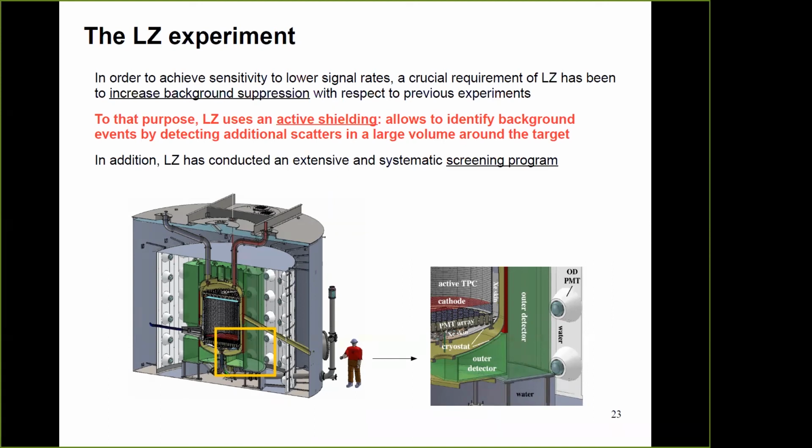If we stay the same, then we will not be able to have the required sensitivity. And the approach that LZ has followed to reject the electron recoil part of the background is to use an active shielding, as we can see here.